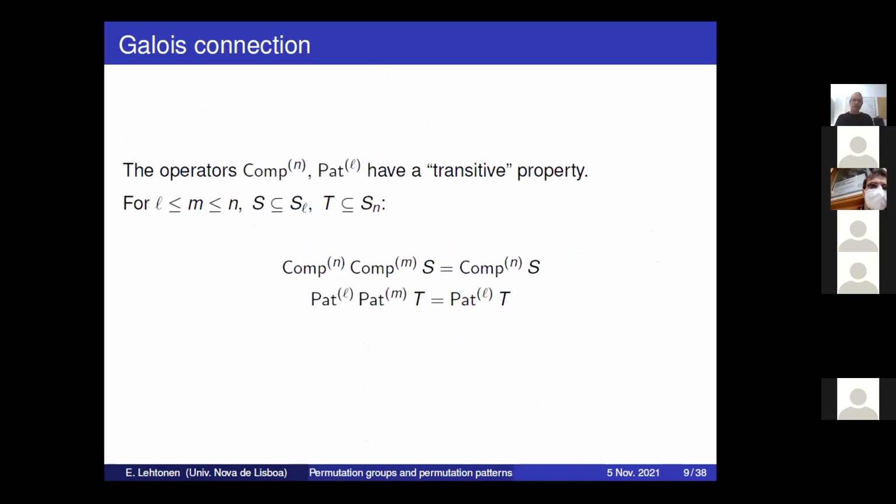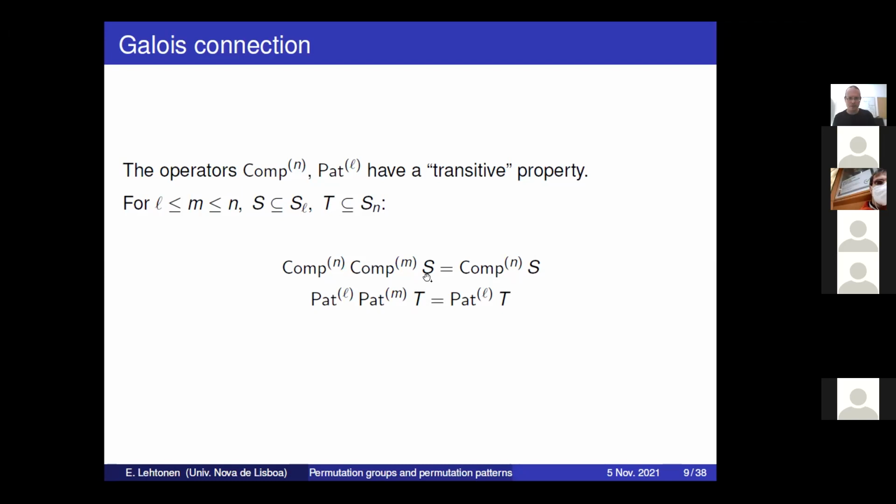Okay. Furthermore, there is a nice property with these operators comp and pat. We could start with some level L. We could go up to a level M and still higher up to the level N using comp. So this is what we do here.